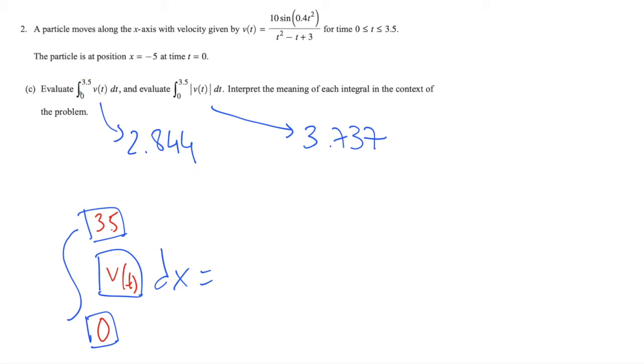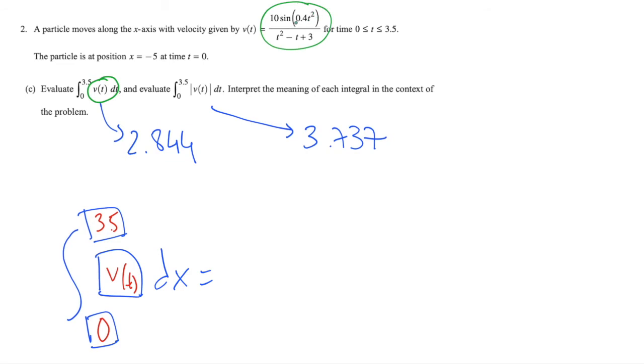So this is the integral of the velocity. The velocity from 0 to 3.5 might have positive values and negative values. We didn't find out, but it could be. And it actually is, because these two numbers are different. In this case, the calculator integrates this formula from 0 to 3.5.